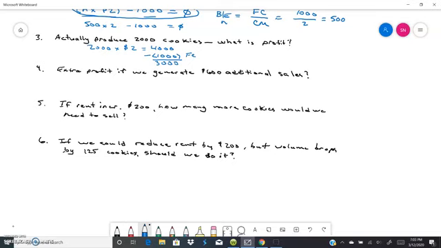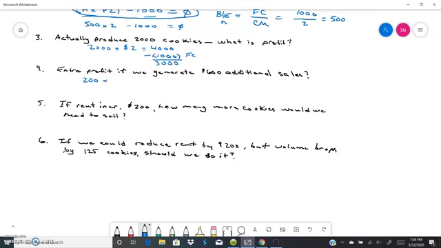Again, before I mentioned that we can look at things incrementally to evaluate what change in volume might do to our profit. So here, what would be the extra profit if we generated $600 of additional sales? So here, we're making $3 for each cookie. So that would mean that we would be selling 200 additional cookies. $600 divided by $3, that would be 200 cookies.